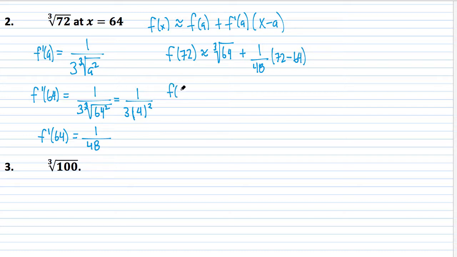So the cube root of 72 is approximately 4 plus 8 over 48, since 72 minus 64 is 8. We can simplify: divide both by 2, that's 4 over 24, divide by 2 again, 2 over 12, so 1/6. So my estimation for the cube root of 72 is 4 and 1/6.